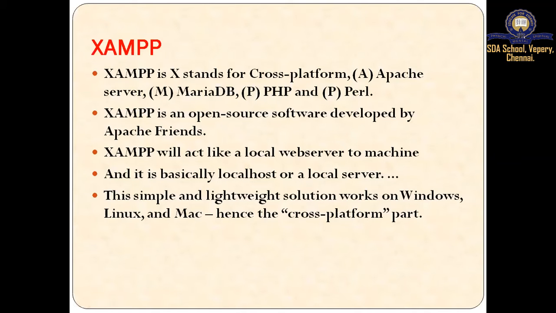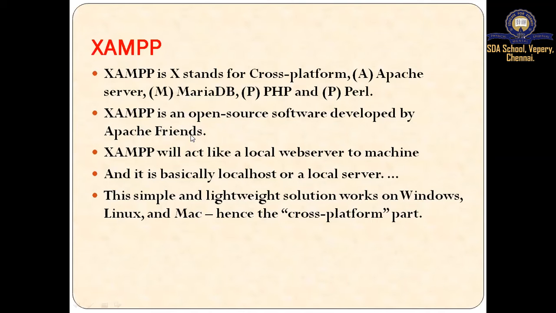Last year, you studied JavaScript, that is your client-side scripting language. This year, you're going to study PHP, a server-side scripting language, then a language called Perl. Right? XAMPP is open source software developed by Apache Friends.